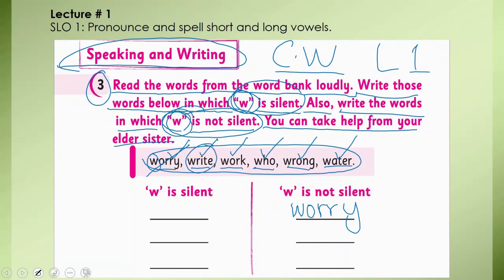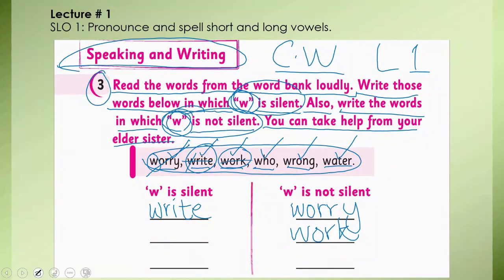Please write in your book. Write. So, the w is silent. Work. I like to work. The w is not silent.